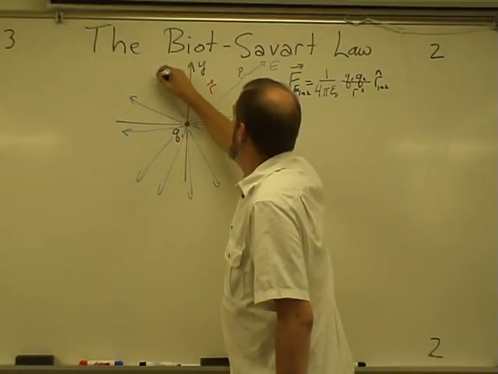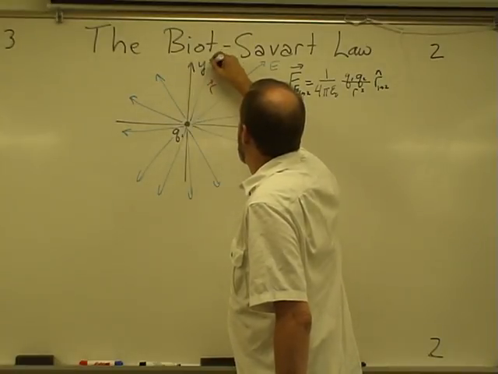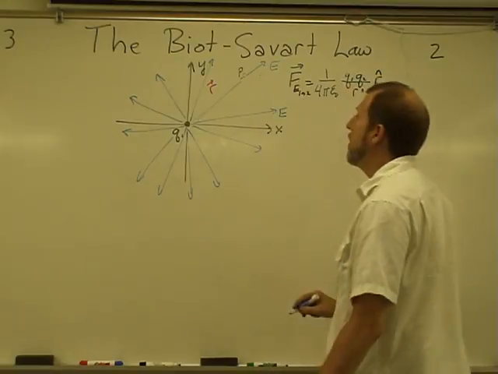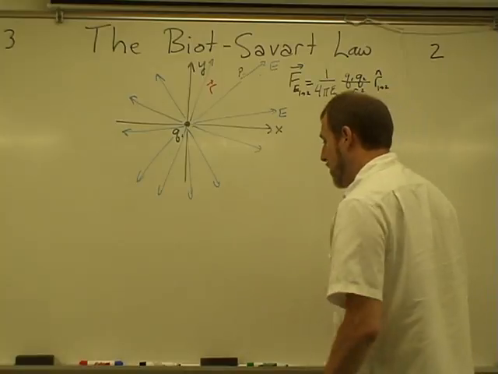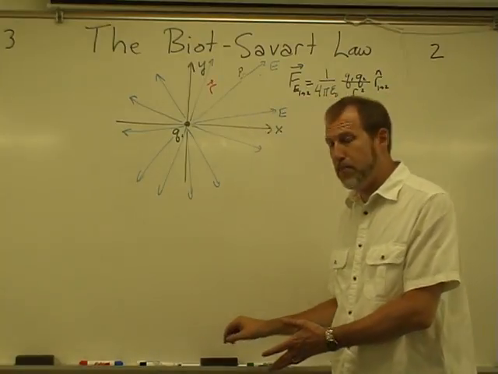the existence of one charged particle will result in an electric field. If you have charge, that charge will establish an electric field, the effect of that charge in space.